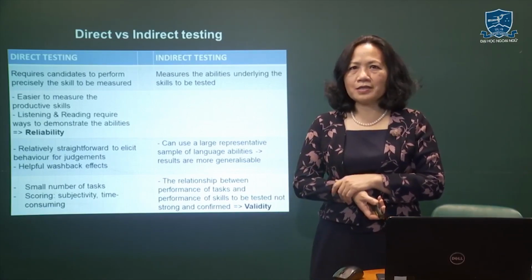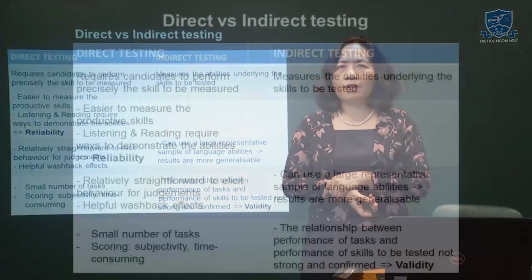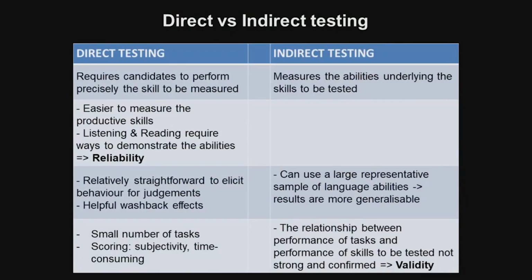Instead of rewriting sentences, you ask them to choose from the 4 options the sentence that has the closest meaning to the original one. And then you say that it is a test for writing. But in fact, it's hard to say that the ability of writing is tested in this way.